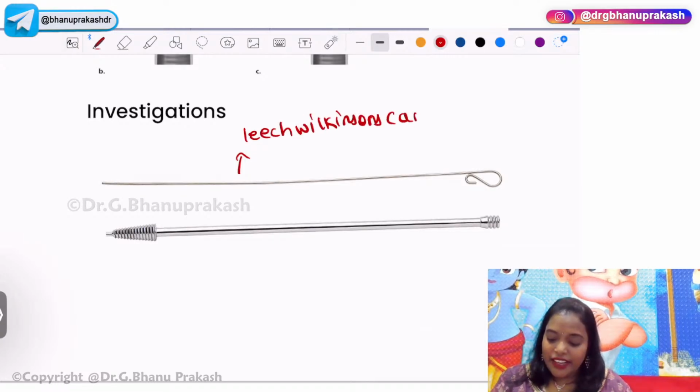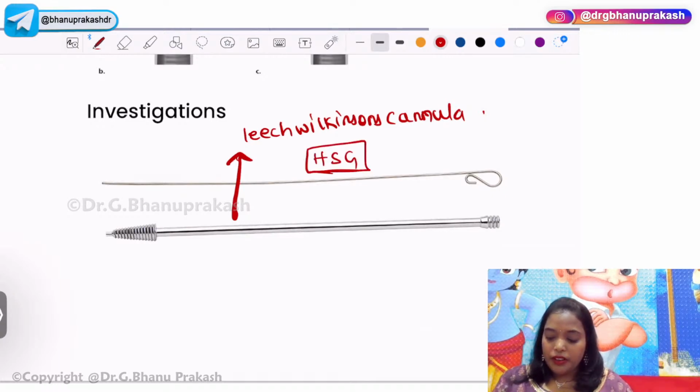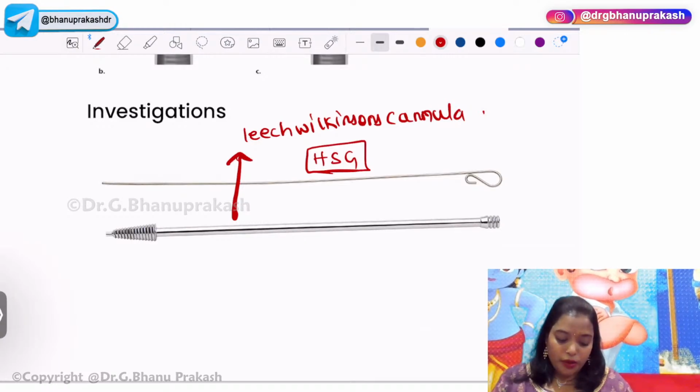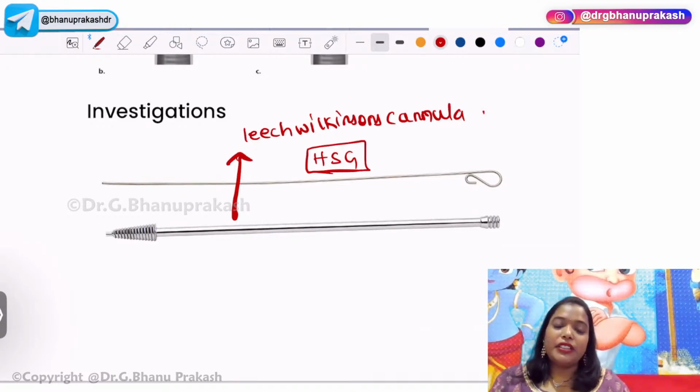Yes, excellent. Very good, Jasmine. This is a Leach-Wilkinson's cannula, which is mainly used for hysterosalpingography.